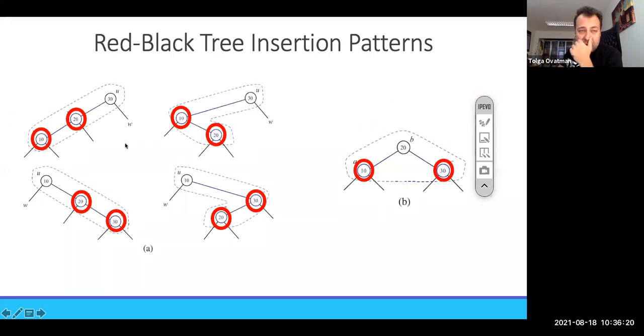Now this one says if you have a situation like this, what you need to do is take the parent red node, make it a black parent, and take the parent of the red and the child of the red and make them the child red nodes. Okay, so let's see if that works in here.